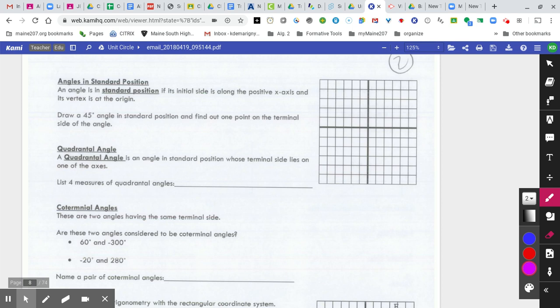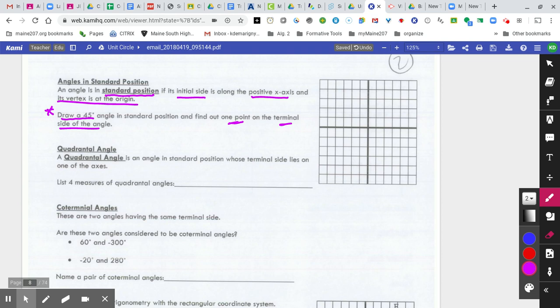Angles in standard position. An angle is in standard position if its initial side is along the positive x-axis and its vertex is at the origin. Okay, so if I draw an angle, it asks me to draw a 45-degree angle in standard position and find out one point on the terminal side of the angle.